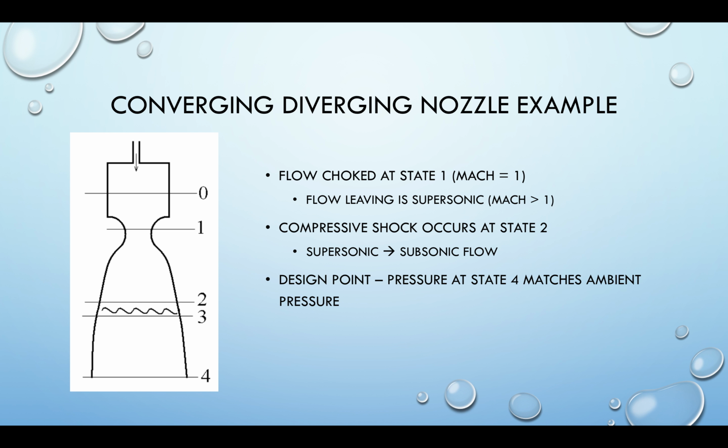And when we're looking at this, we look at something called the design point, where the pressure at state 4, the pressure immediately leaving the nozzle, matches the ambient pressure. Because if that's not the case, we have a pressure mismatch, which just includes an additional thrust for the rocket that we're looking at.